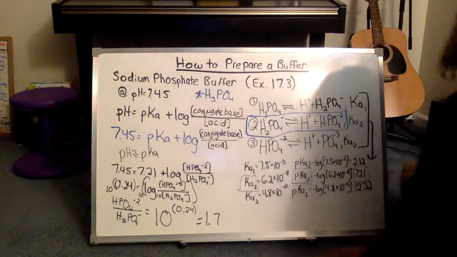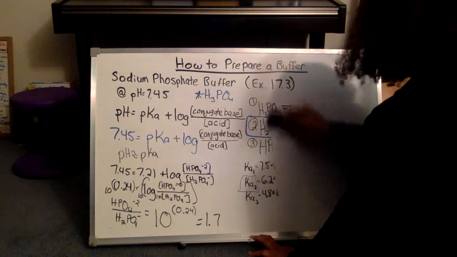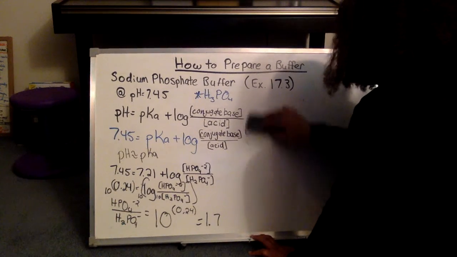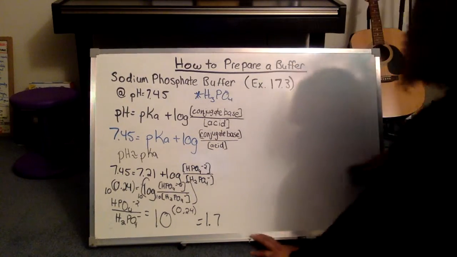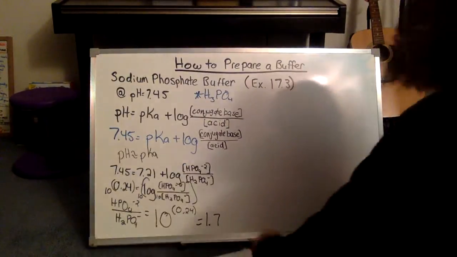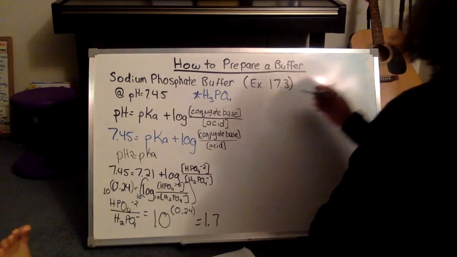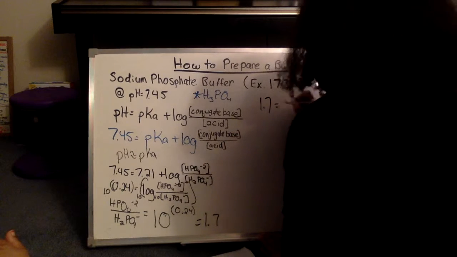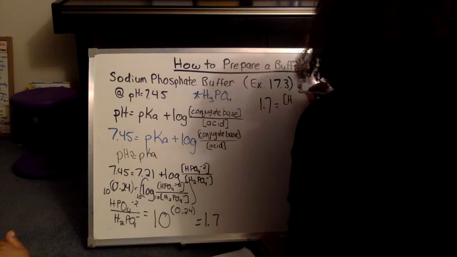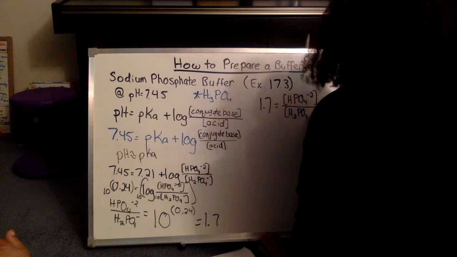Great. So now what does this mean? What does this 1.7 do for us exactly? Because we still need to know what we need to put in our flask so that we can make our buffer. What this means is that the ratio is 1.7 to 1 of the concentration of HPO4 minus 2 to H2PO4 minus.